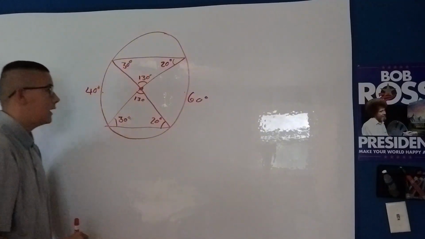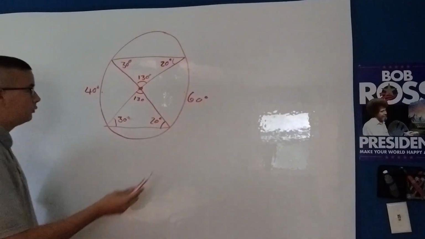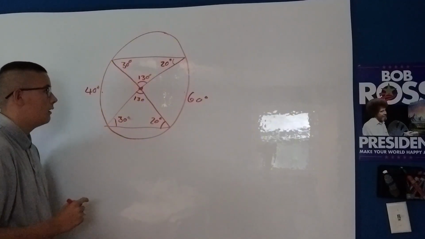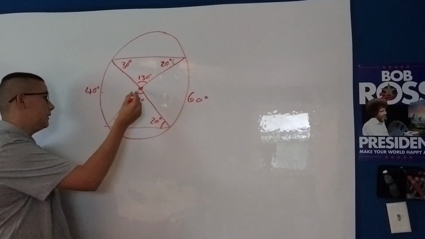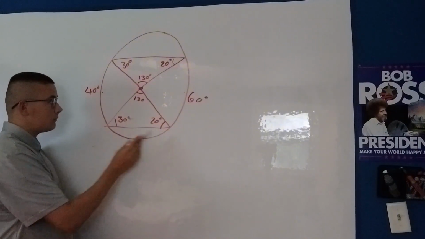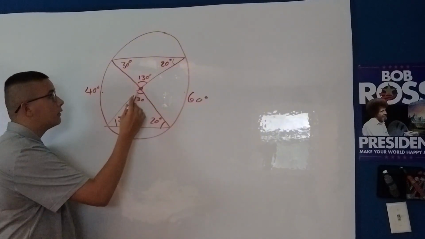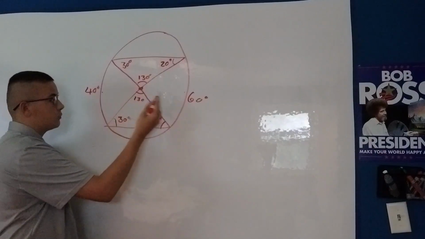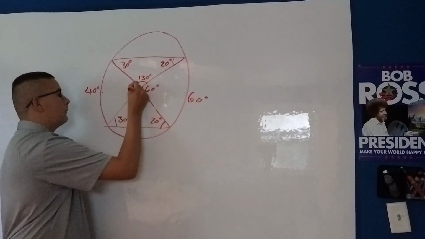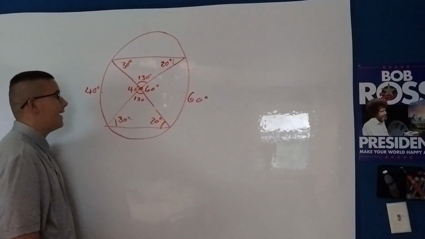And you know what, just for giggles, we can find this length and this length as well, right? Because this is a central angle, and this is a central angle, we can just add them together and bring them in, and we get these 60 degrees and 40 degrees like that.